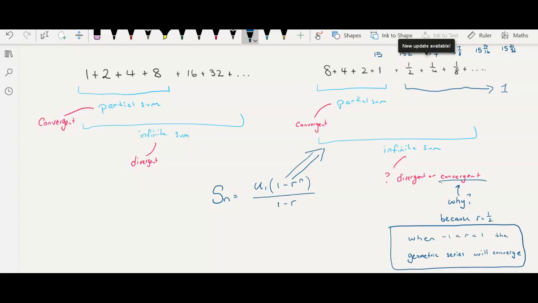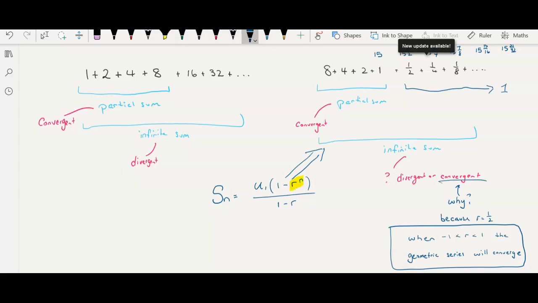As n gets larger and larger, think about what is happening. We can't substitute infinity in, but it's a limiting idea, a converging idea. As n gets larger, what is happening to this term? It's really a focus on r to the power of n.